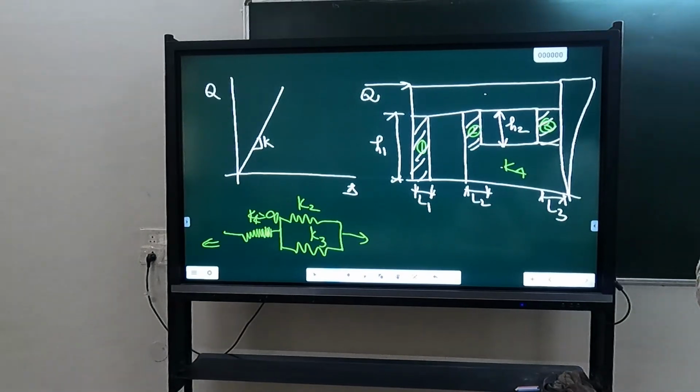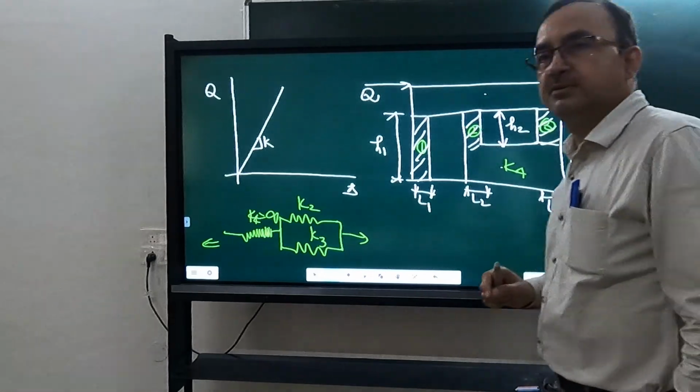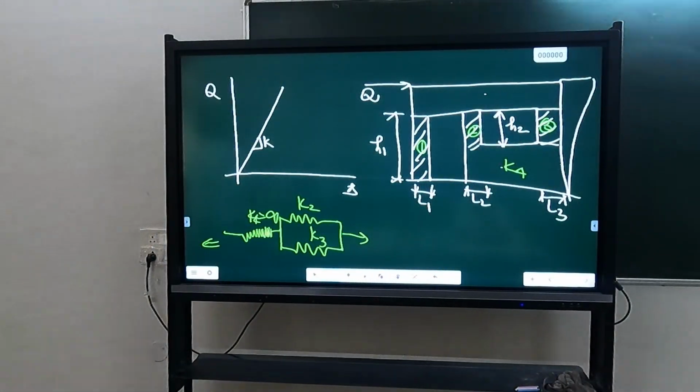In series, are we adding the stiffnesses? No. So it is not infinite plus something. What will be the stiffness? K2 plus K3 plus 1 upon infinity. How much will be? Obtain here. Tell me after doing it.